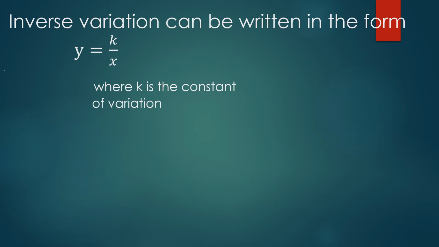Inverse variation can be written in the form of y is equals to k over x, where k is the constant of variation. Remember that our k here is the product.